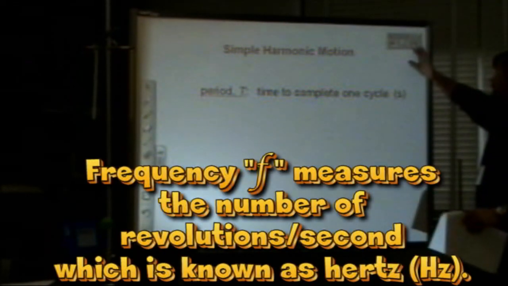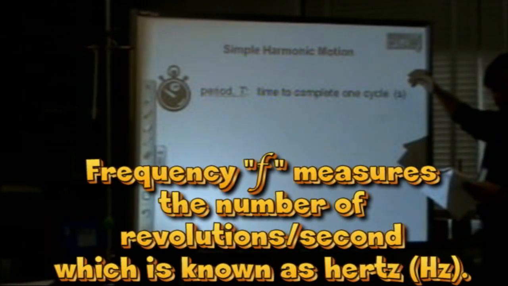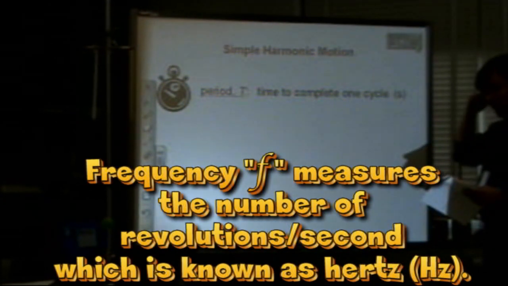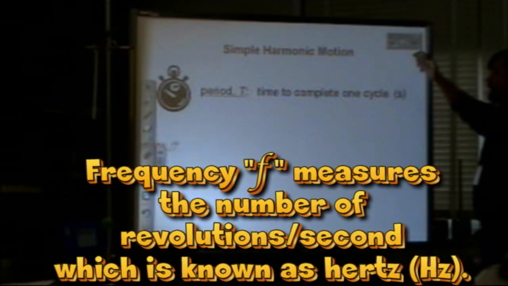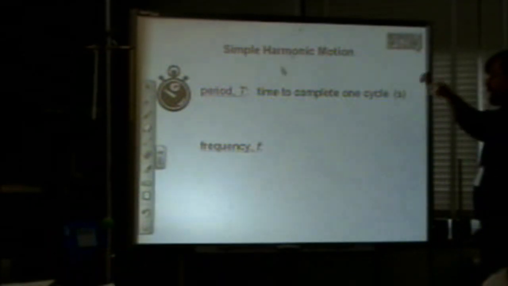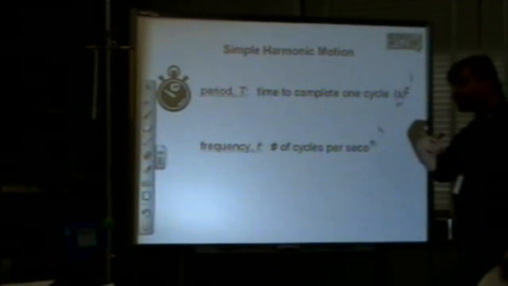Now, frequency, on the other hand, measures the number of revolutions per second, which is known as hertz. All right, so we have frequency. It's the number of cycles per second.